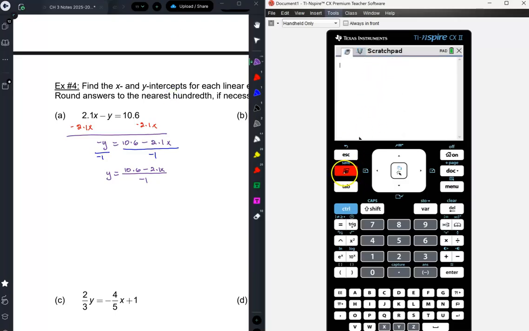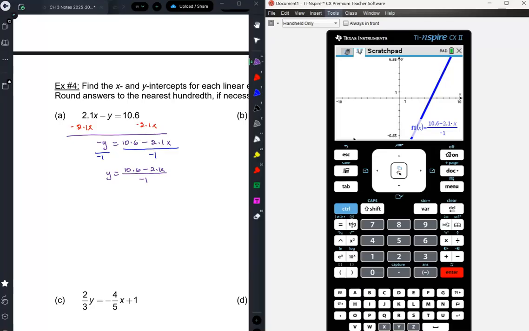Okay, so again, I'm going to get a fraction. In the numerator, 10.6 minus 2.1x. Down for the denominator, negative 1. There you have it.